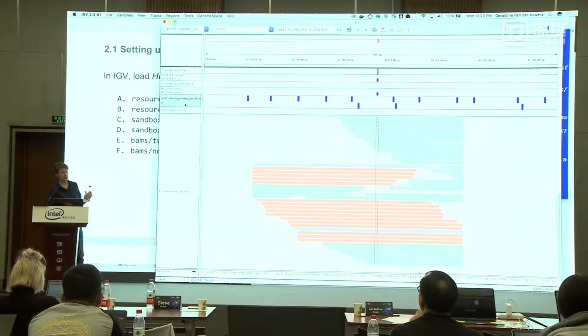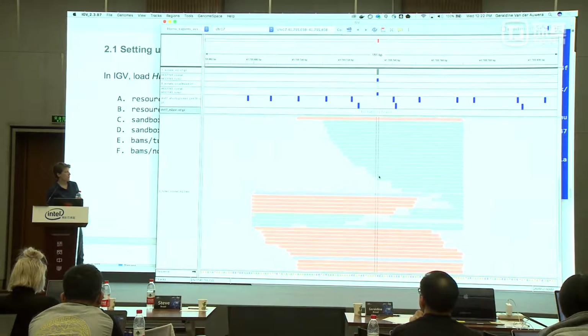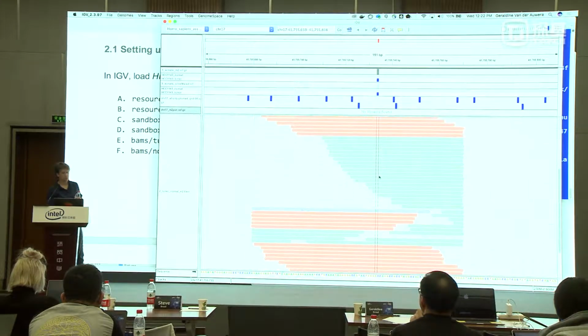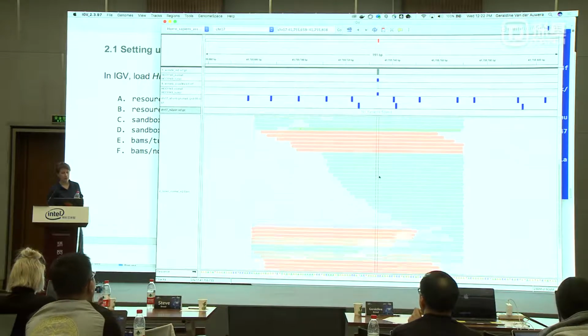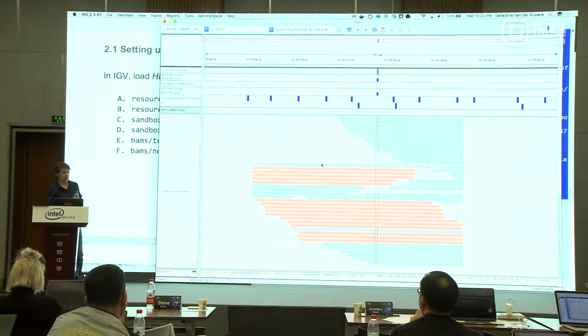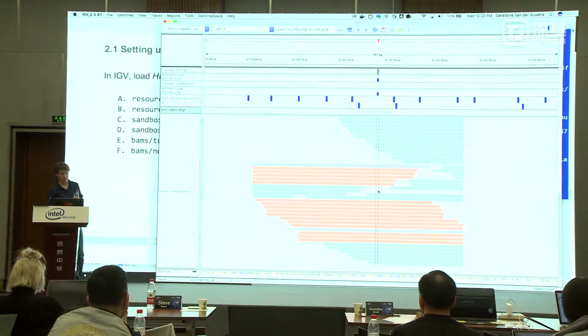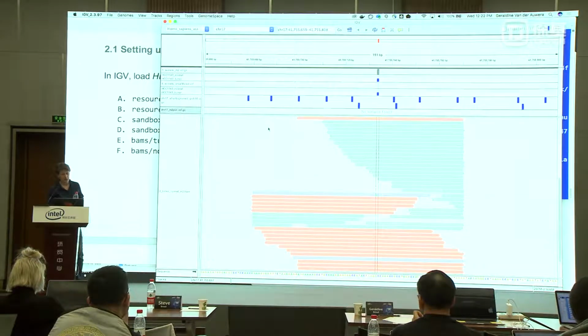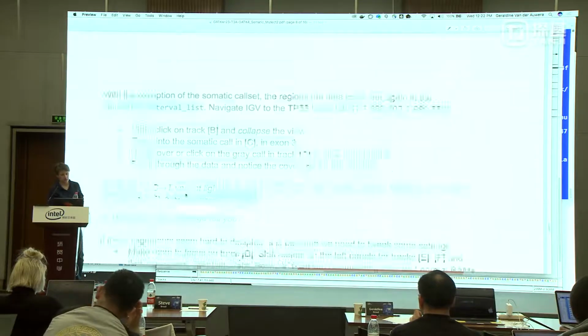Then you have on my screen the gnomAD resource, and then finally the panel of normals. And then below is the tumor normal. And it will be helpful, remember to do this, to color by tag and group by sample, okay? And these instructions are all given in the worksheet right here.